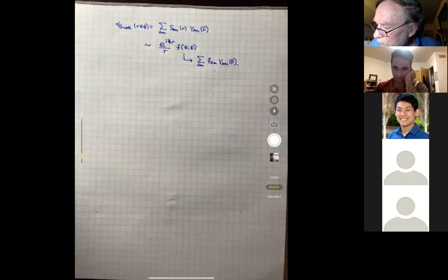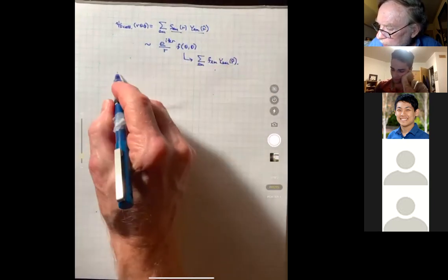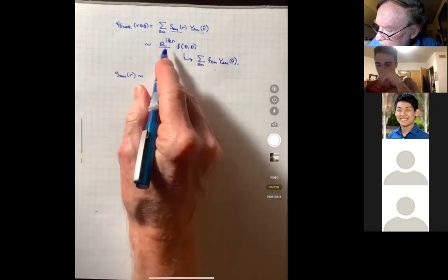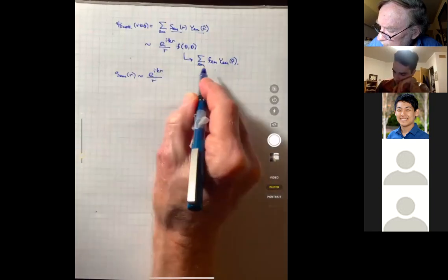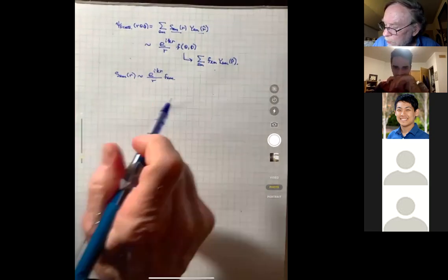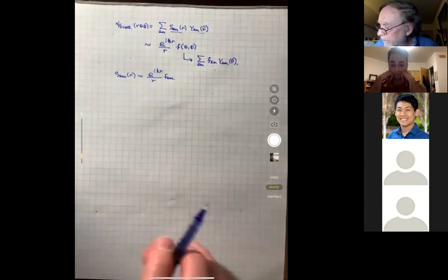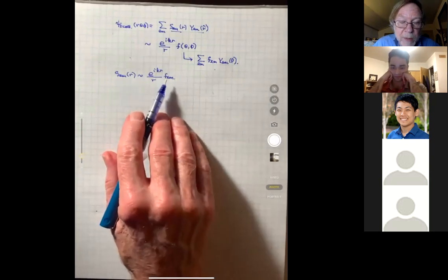And if we do, then you can see that the SLM is the coefficient of the YLM. So you get SLM of r asymptotes to e to the ikr over r times the FLM coefficient. It's related to the YLM expansion of the scattering amplitude. The scattering amplitude is our goal here. We'd love to find that because you square it, you get the cross section. So keep that in mind.